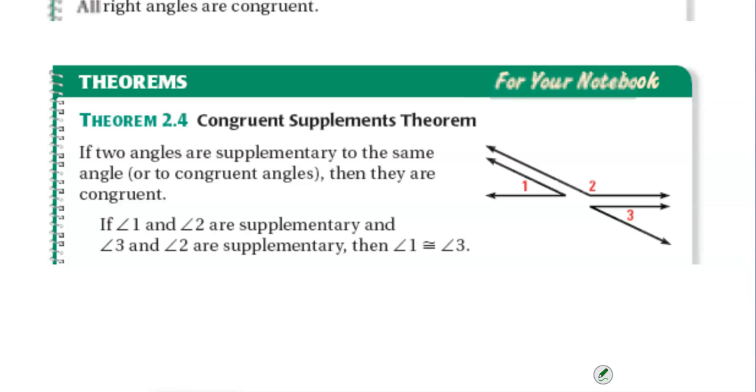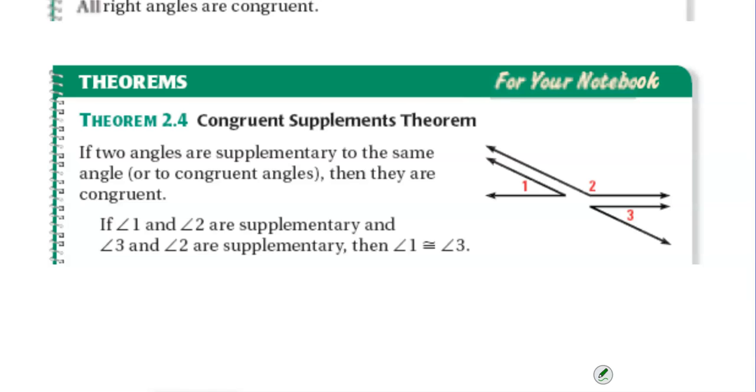Theorem 2.4 is the congruent supplements theorem. And that states if two angles are supplementary to the same angle, or to congruent angles, then they are congruent.